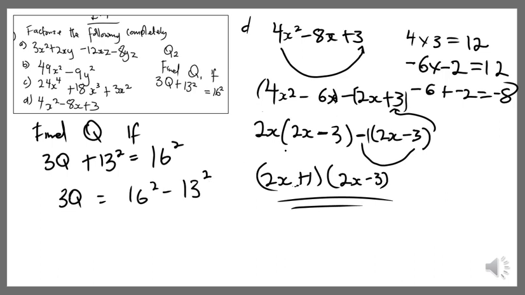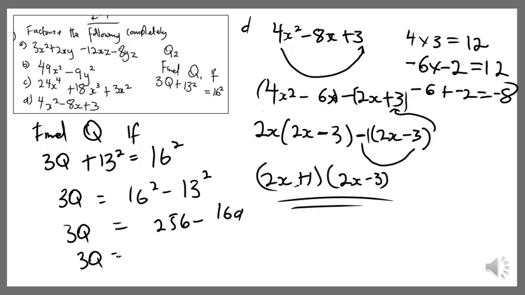Okay, so in this case, what are you going to do? You can straightforward simplify 16 squared, which will give you 256, minus 13 squared, which will give you 169. 3Q.